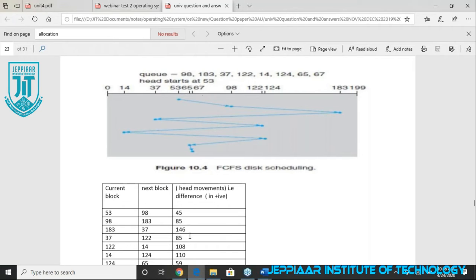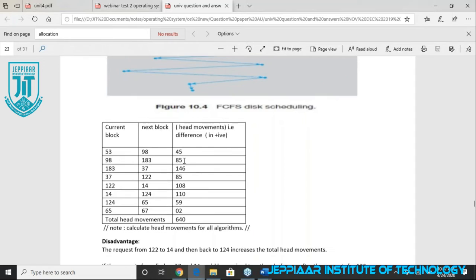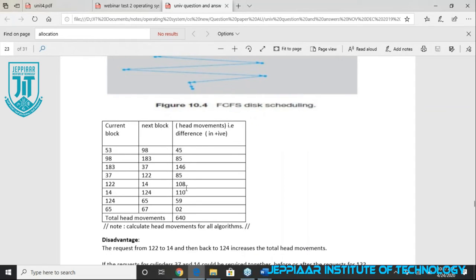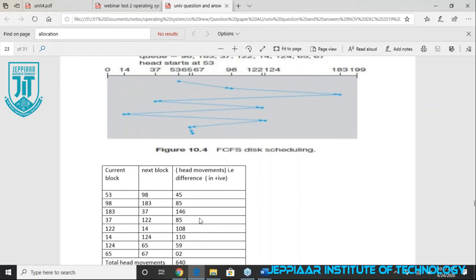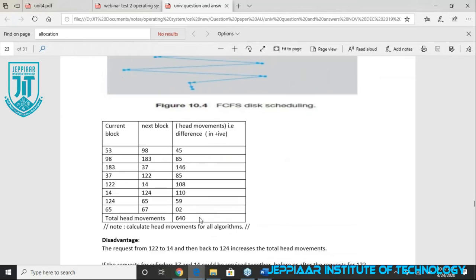Similarly calculate 122 to 14, 14 to 124, 124 to 65, 65 to 67. It is actually the modulus of the difference, so it is always positive. Calculate the sum of all the differences, the total head movements. It is 640. So FCFS results in 640 head movements.